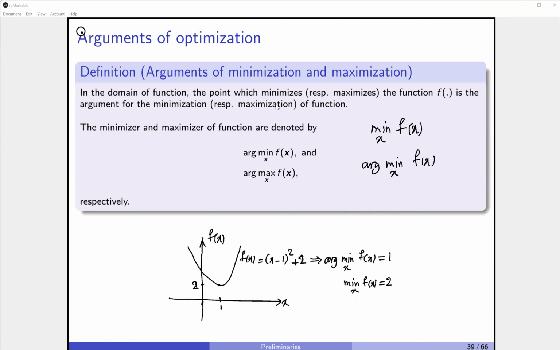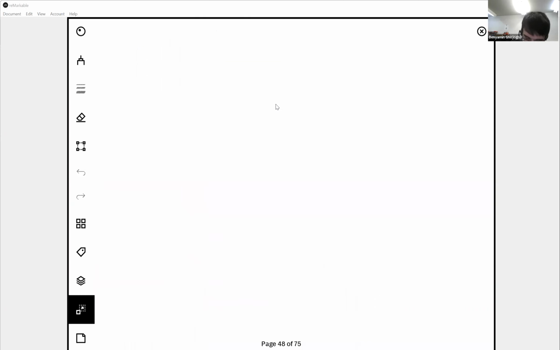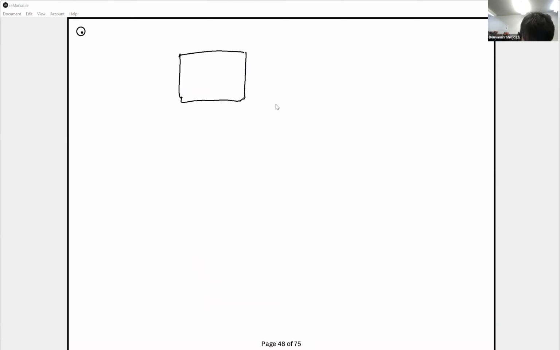Assume I have a black box, a minimizer. When we give it the function f, it gives me minimum of f and argmin of f.